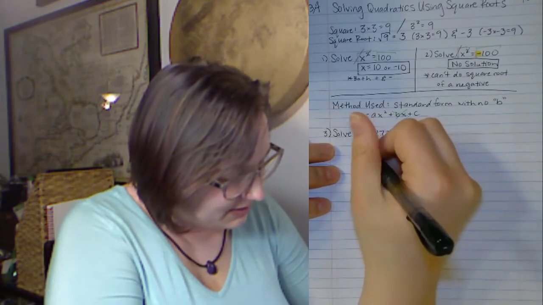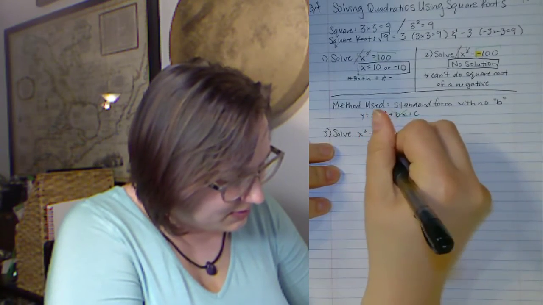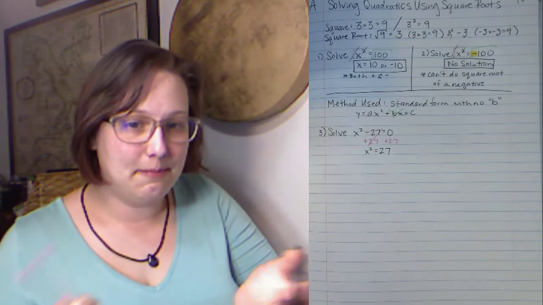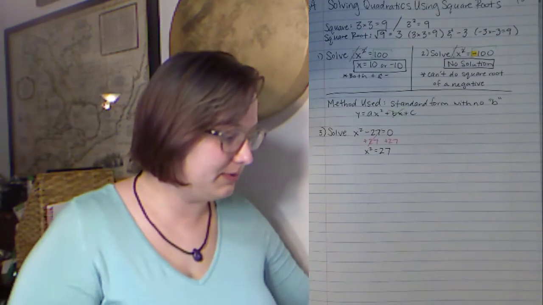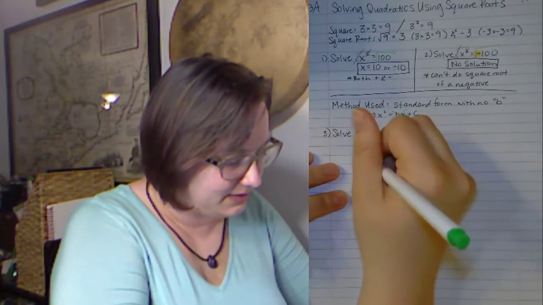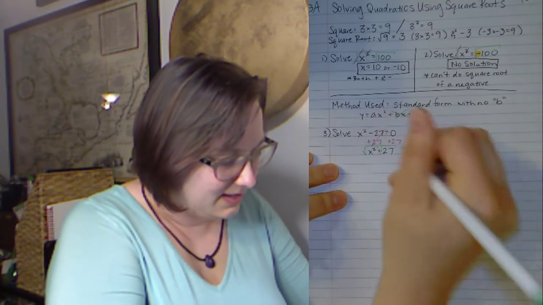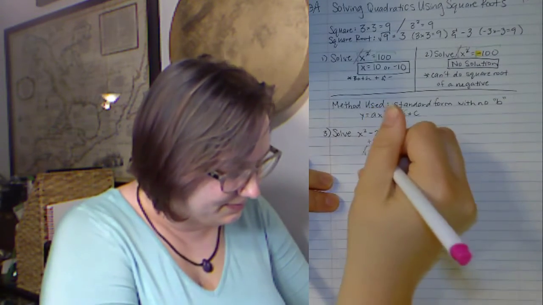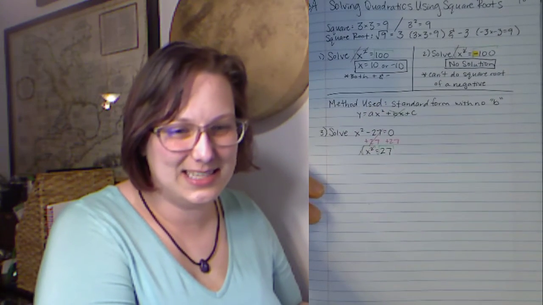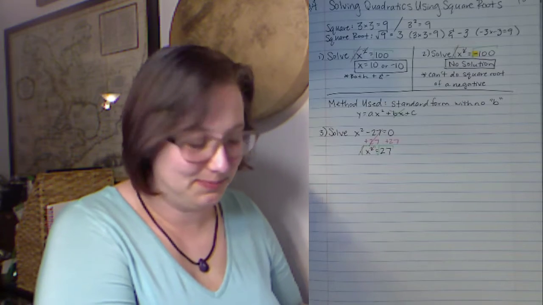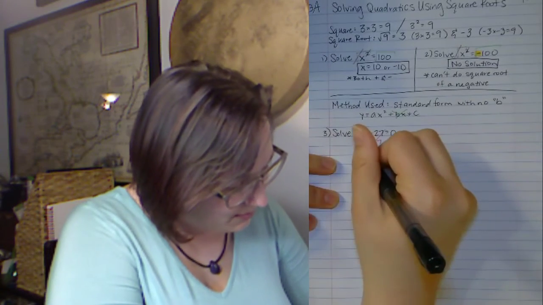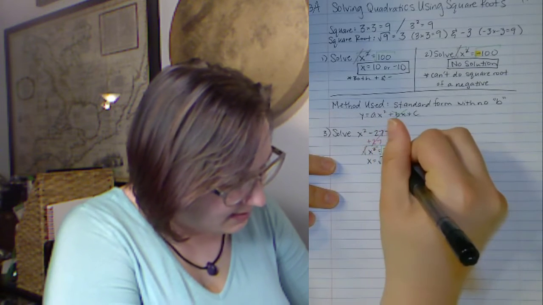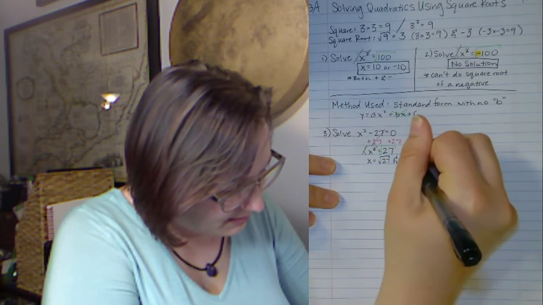And I get the equation x squared equals 27. And then I'm going to do square root. Now this is a positive, so I can do the square root of it. Of course, and I didn't check this earlier, it's not a very nice number, and I wish it was. But we did nice numbers for the last problem, so it's okay. So what we get is that x equals the square root of 27 and the negative square root of 27.